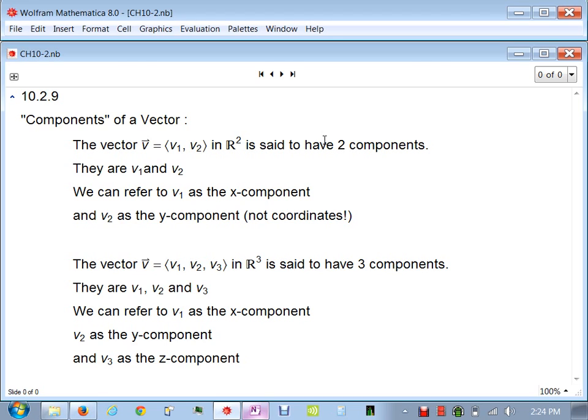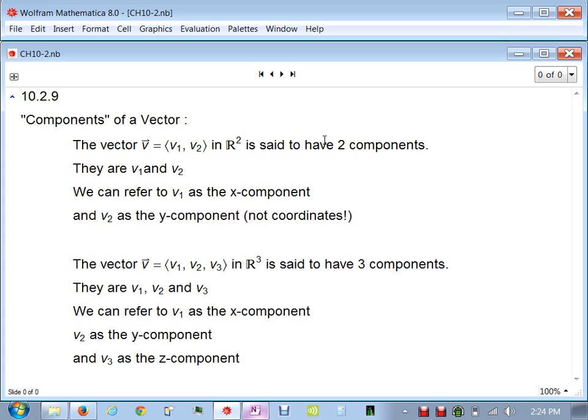These are not called coordinates. Like in a point, these are the coordinates of the point, the X and Y coordinate. With the vector, we call them components of the vector. So if you have a vector in R2, the components are V1, V2. If you have a vector in R3, the components are V1, V2, V3. It's just a language thing here, all right? So we understand definitions here.